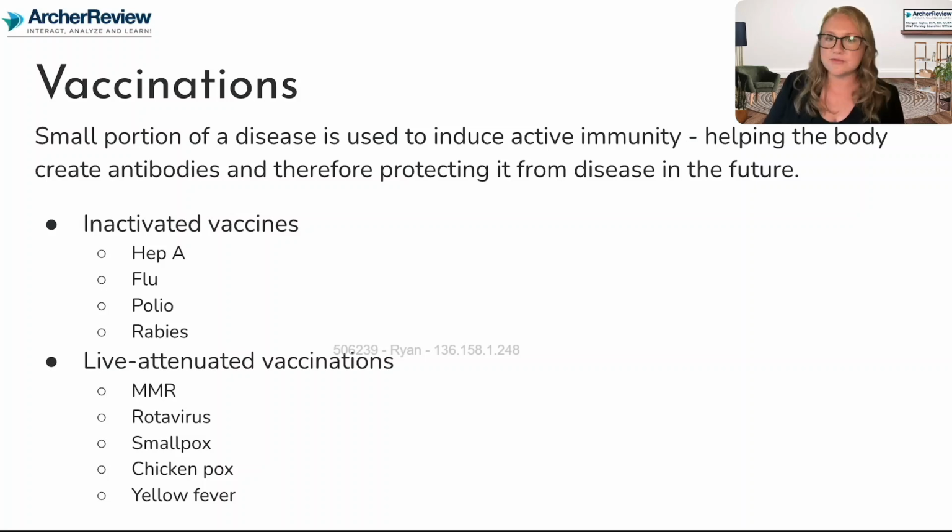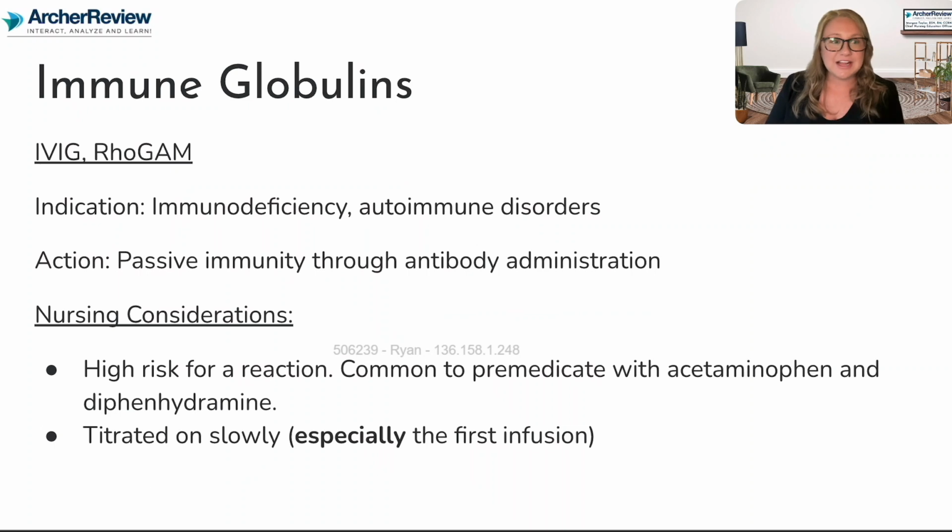Okay, so vaccines help us produce antibodies. We get some active immunity. Less medication here, actually administering antibodies for some passive immunity. Immune globulins. These are manufactured antibodies delivered directly to the client. There are tons and tons out there. All sorts of meds you're not going to be tested about.